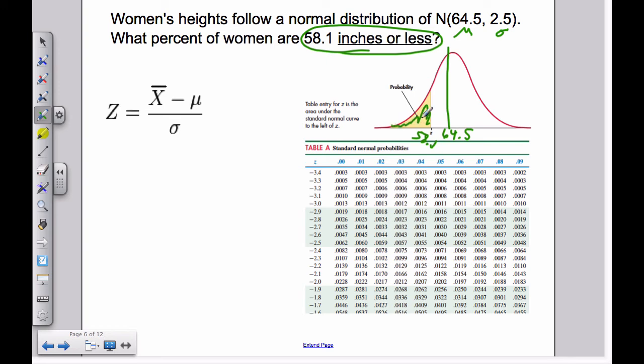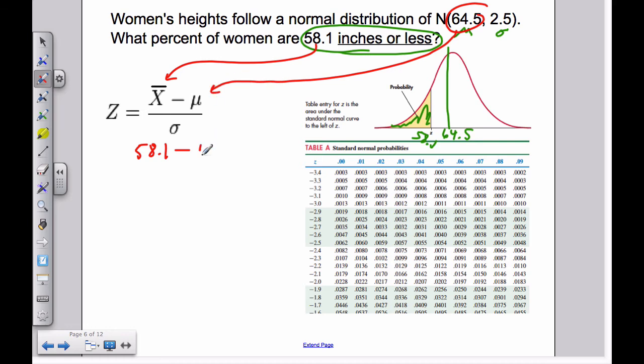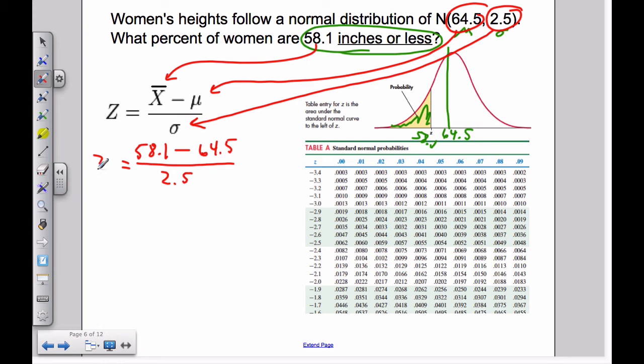That's what I'm testing. So I fill this information in. X bar is the 58.1. Mu, they gave me, so 64.5 goes in for mu. It's important that you remember the correct order, otherwise your answer will be wrong. This 2.5, the population standard deviation, just goes to the bottom. That gives us our z-score.